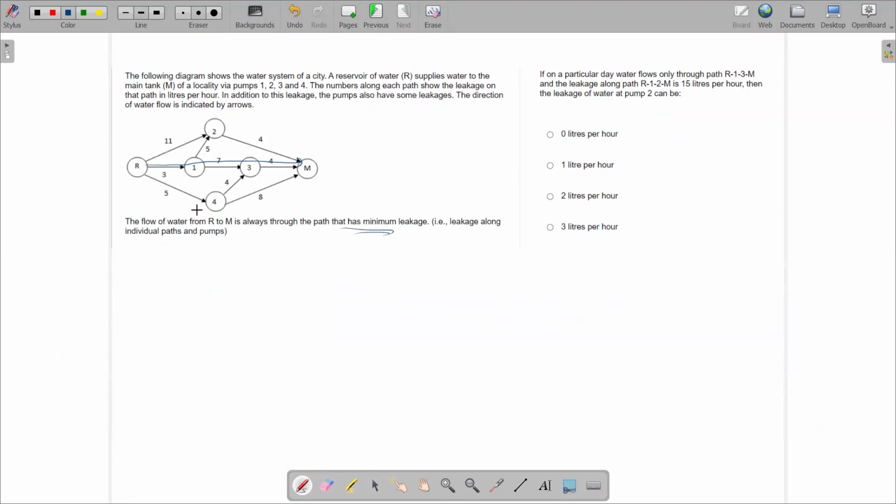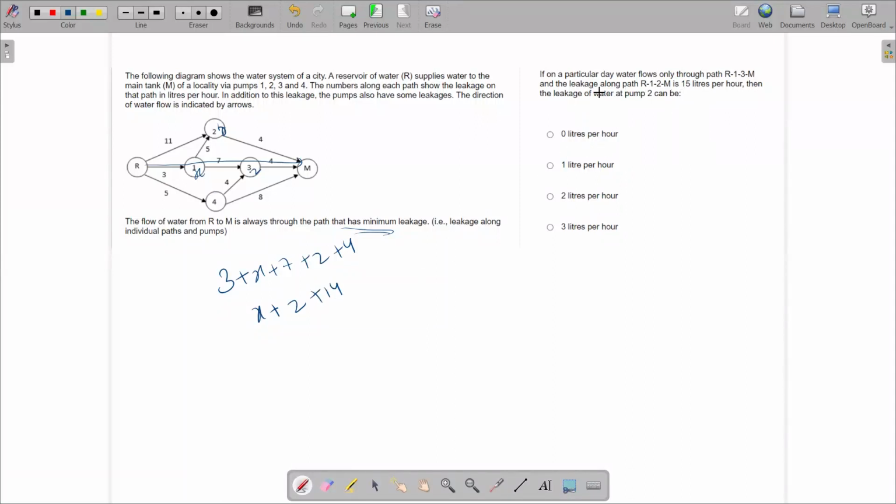So I am flowing the water intelligently, which means that I am following the path which has minimum leakage. So what will be the leakage over here? If I take X over here, Y over here, Z over here, so 3 plus X plus 7 plus Z plus 4. X plus 7, 10, 14. This is Z now. 7, 3, 10, 14. X plus Z plus 14.